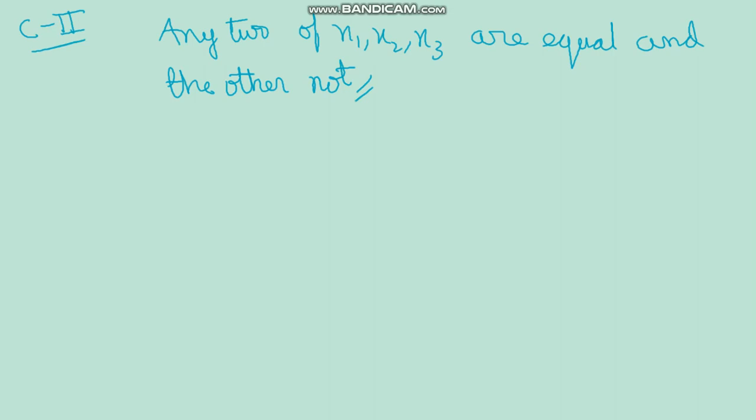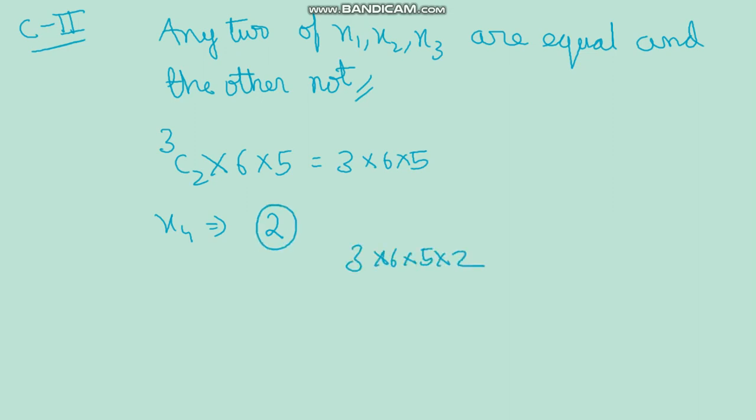So we first do 3C2, choosing the two out of the three which are equal, and then multiply this with 6 into 5: 6 for the one chosen earlier and 5 for the other. So these are the ways here, which is equal to 3 into 6 into 5. And our x4 must be equal to any one of the two, so for x4 we have two choices. So 3 into 6 into 5 into 2.